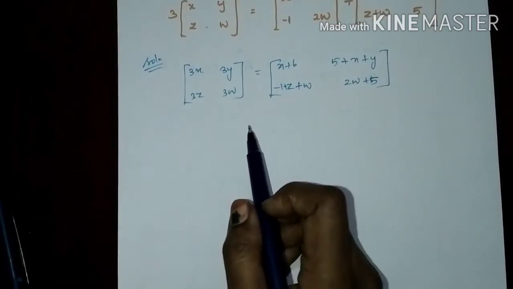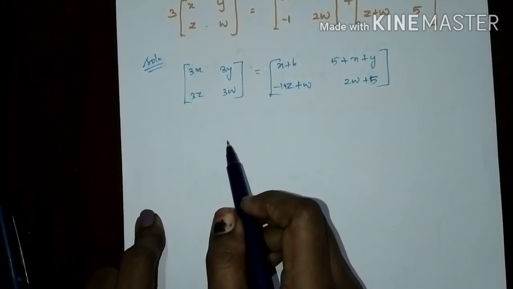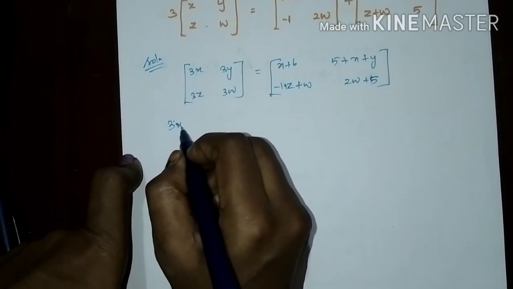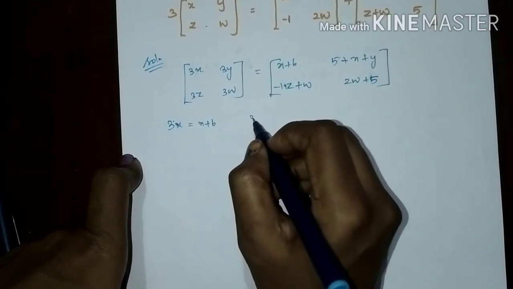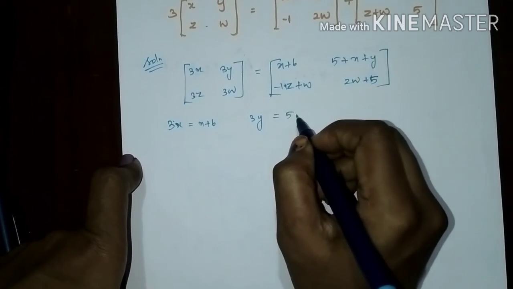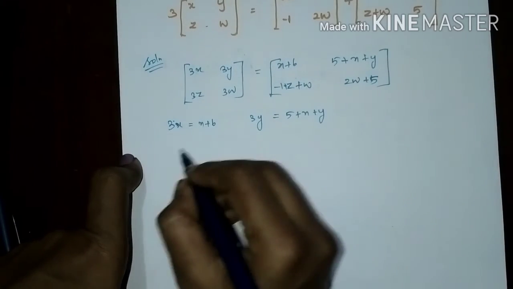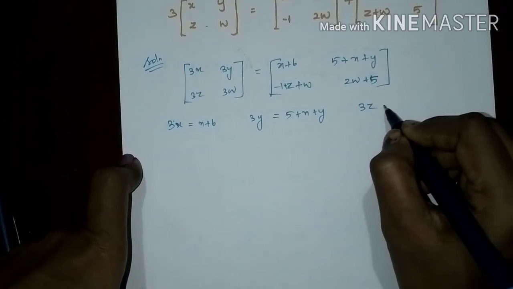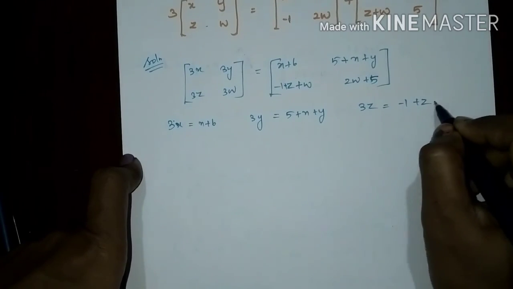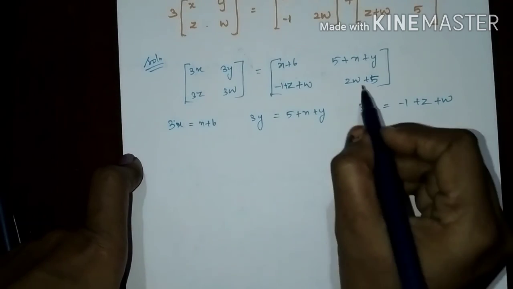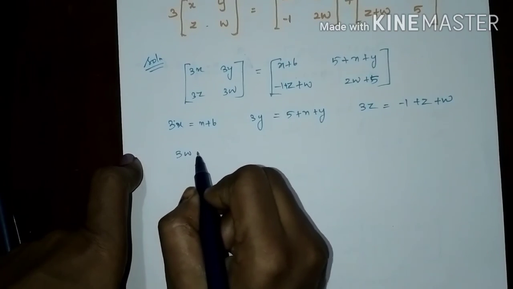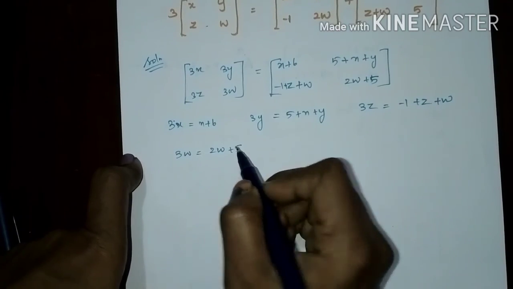For equality, the corresponding elements are equated. So 3x is equated with x plus 6, 3y is equated with 5 plus x plus y, and 3z is equated with minus 1 plus z plus w, and the last elements are equated. 3w is equal to 2w plus y.